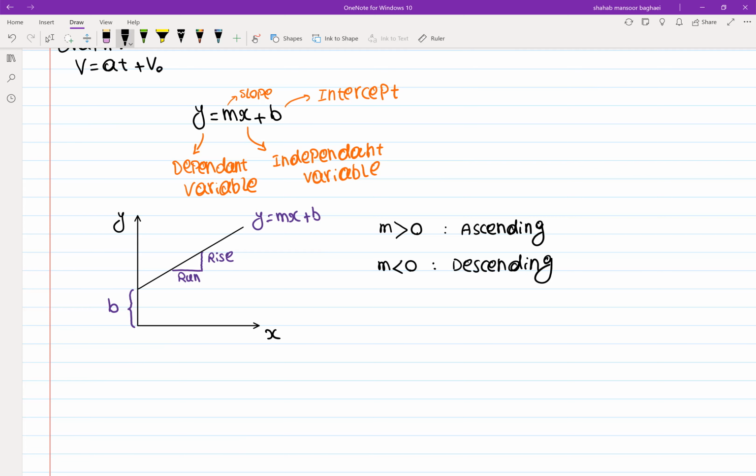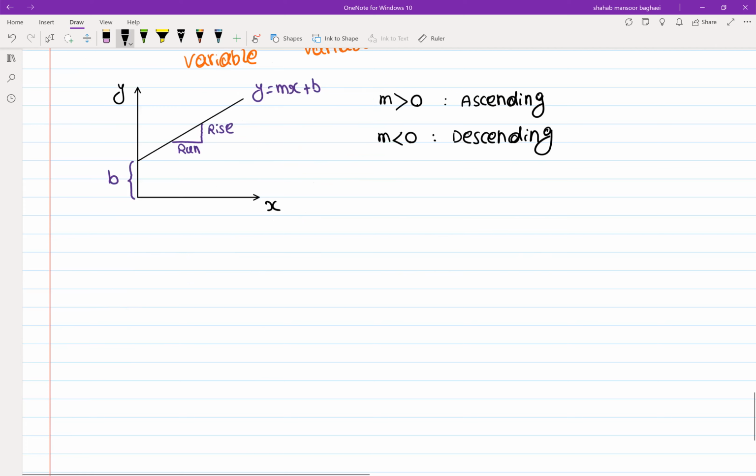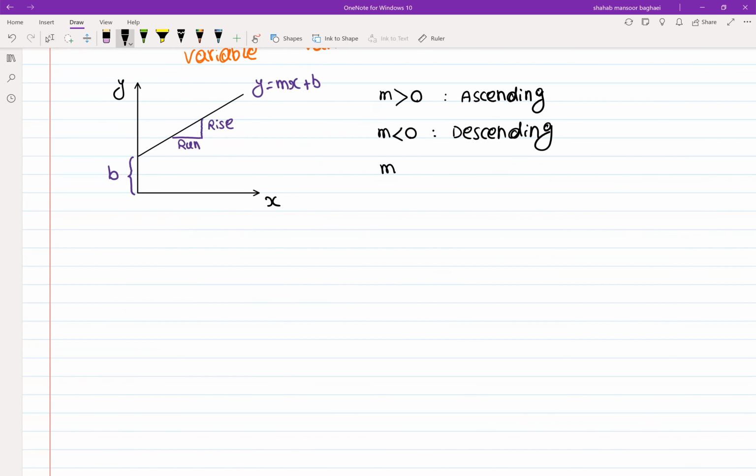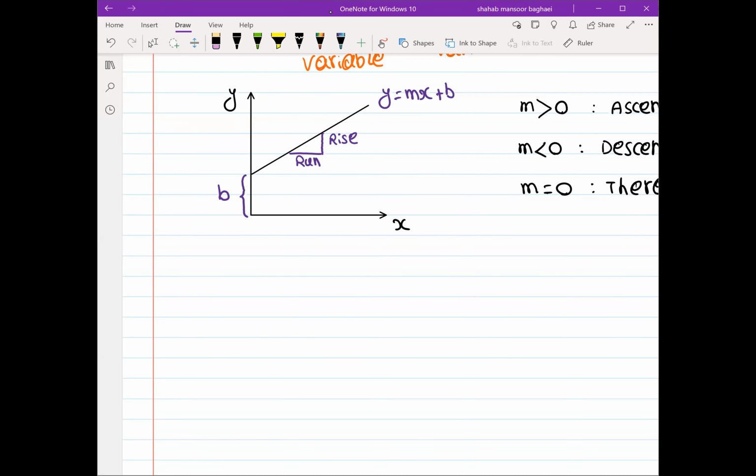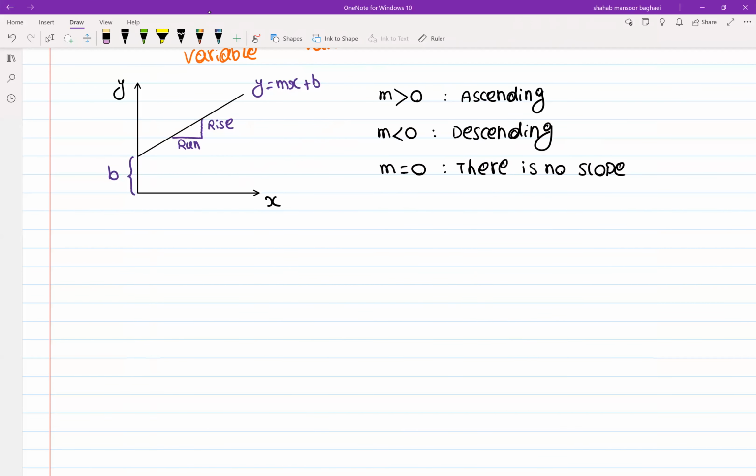And if m is 0, it means there is no slope. Okay.